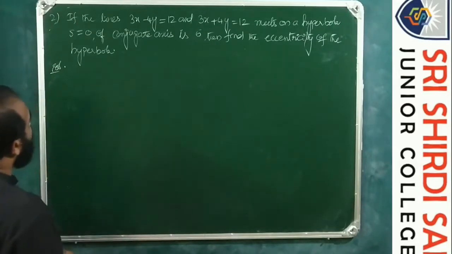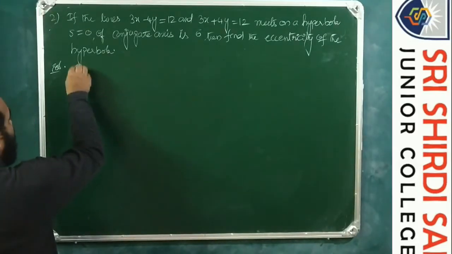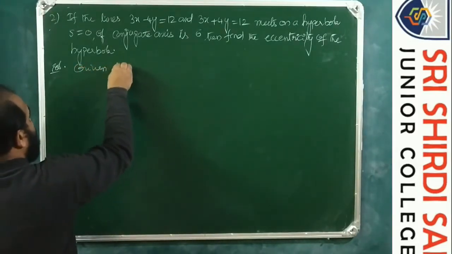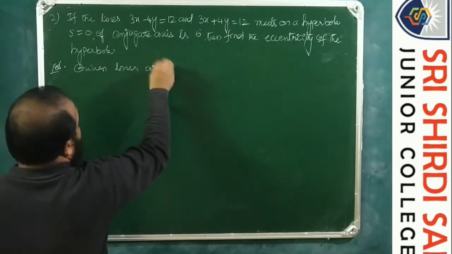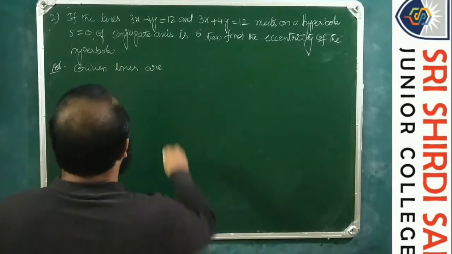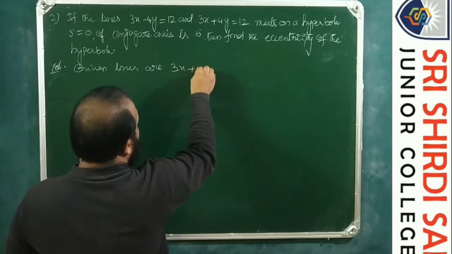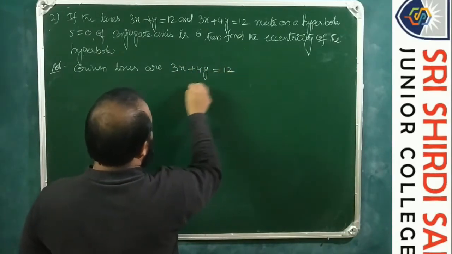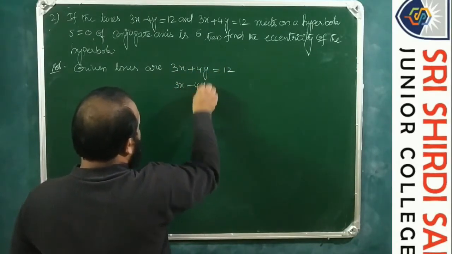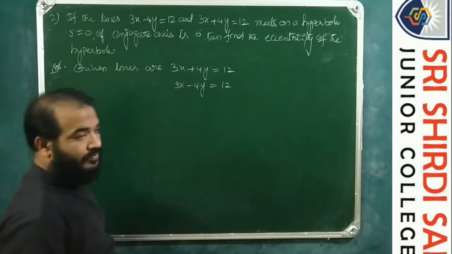Now, the given lines are 3x plus 4y is equal to 12 and 3x minus 4y is equal to 12.